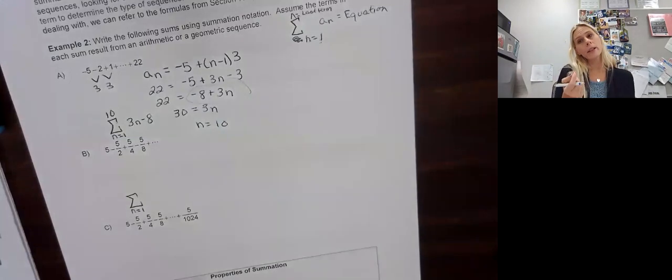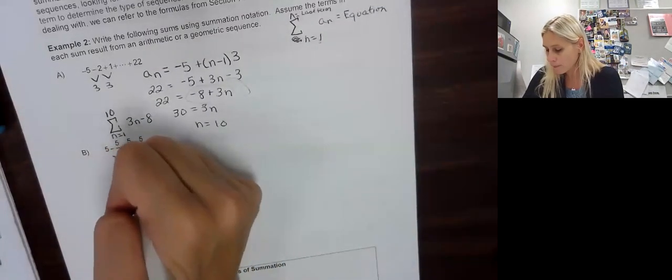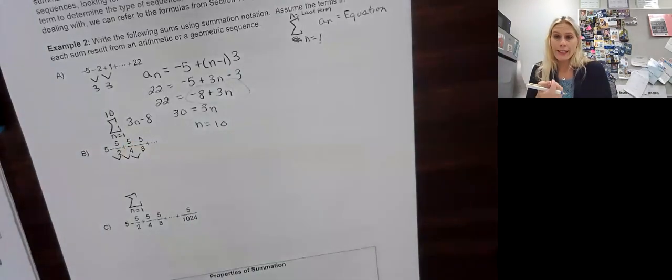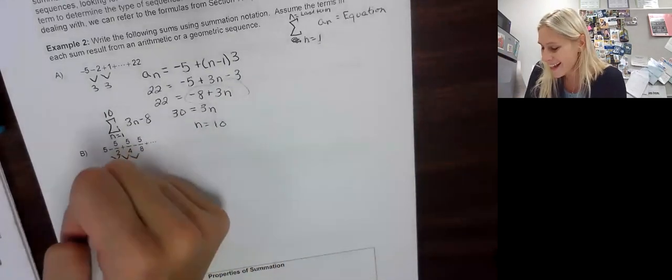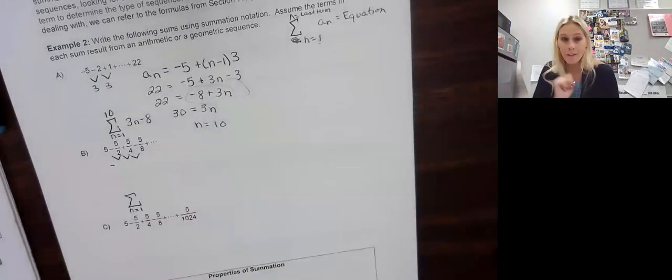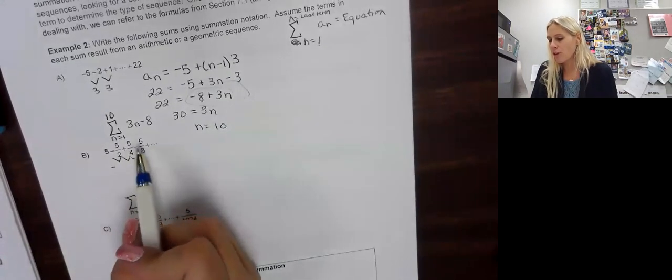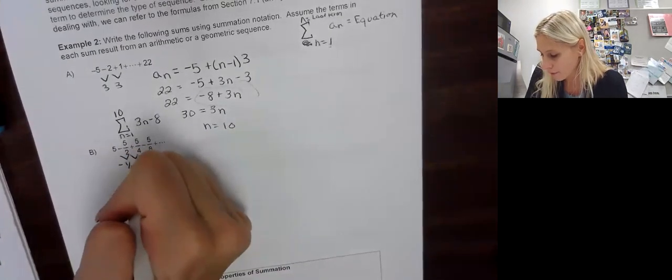All right, B. Again, we know we're always going to start with term 1. To find the equation, we have to look at the pattern itself. What is going on each time? What I want you to notice is that we're alternating, right? So when we alternate, we multiply by a negative number. And what are we doing each time? 5 halves, 5 fourths, 5 eighths. We are multiplying by 1/2.